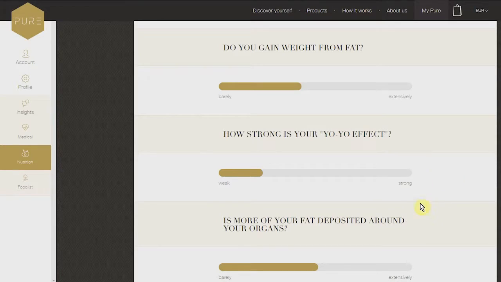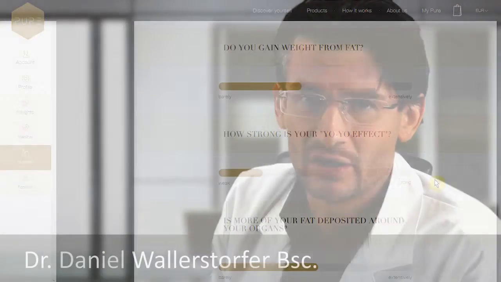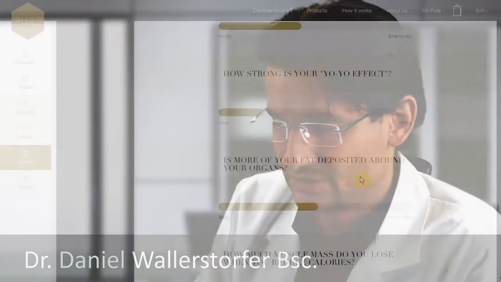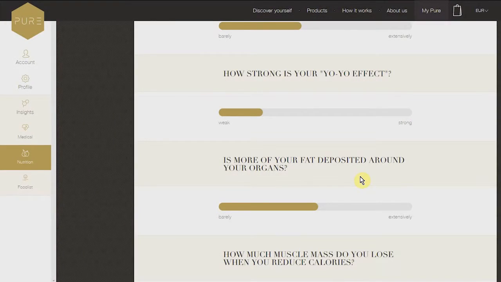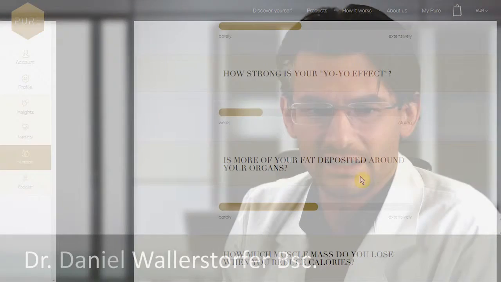Because if the yo-yo effect is very strong, that means that you would very quickly be back where you started whenever you start to lose discipline. Then there is fat called visceral fat, and this is typically deposited around the organs. So it's not around the hips, but inside the belly area.